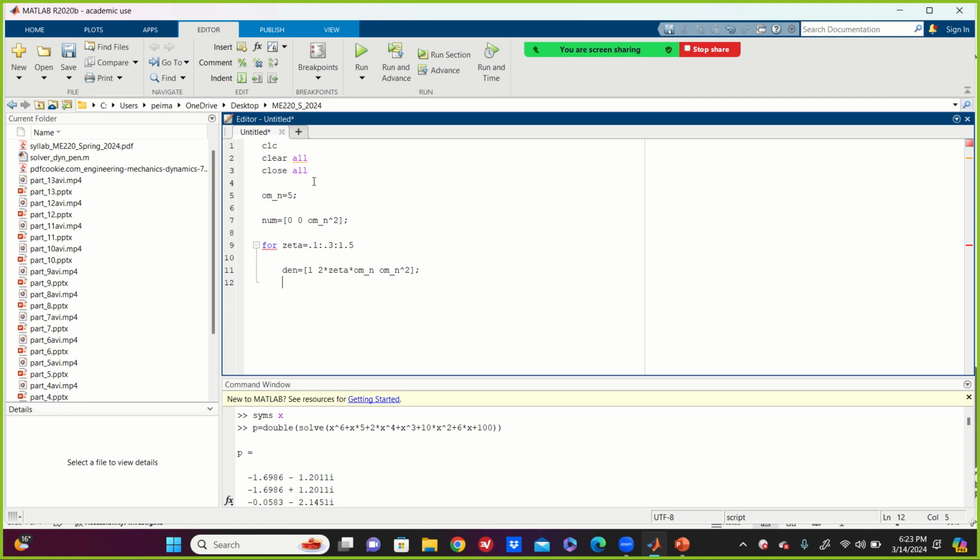And figure one, bode num, den, and grid.